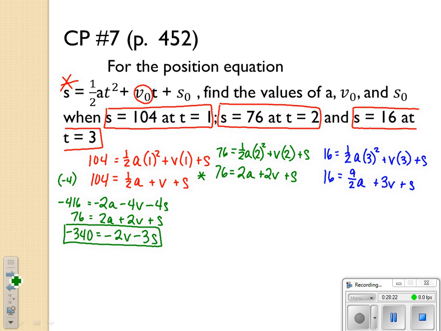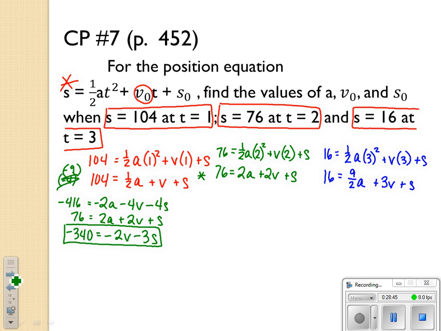All right, I want to do that again. I want to eliminate a between another pair of equations. So I'm going to use the first one again along with the third one. This time, instead of multiplying by -4, I'm going to multiply by -9, because then that will create a -9/2 a, which will cancel out my other side.